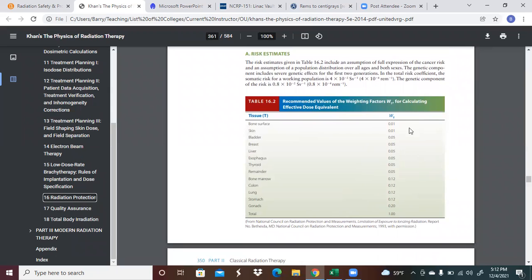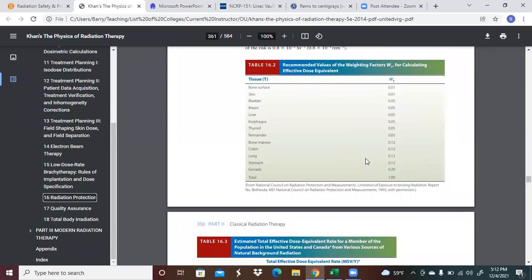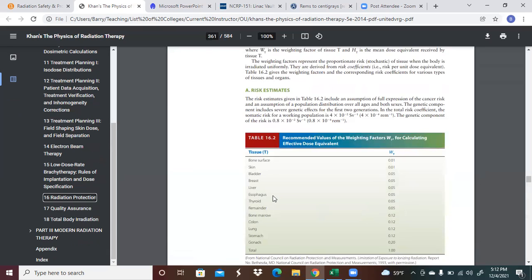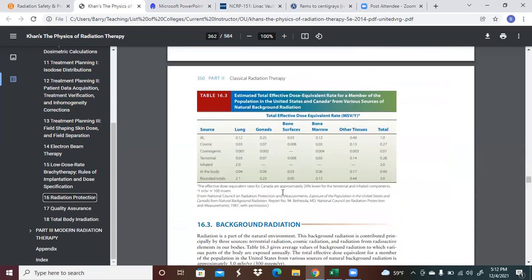So these factors here are an assumption of full expression of the cancer risk and an assumption of population distribution over all ages and sexes. So it's a guess, but it's an attempt to gauge what the total dose equivalent is going to be depending on where it is present.